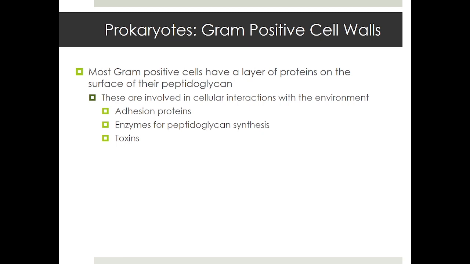As you might expect for any cell, they're going to have different proteins and other things present in their cell walls, since they're the most external, that allow them to interact with their environment, whether it's for adhesion to a surface or to other cells, whether it's enzymes that are helping to build or to repair the cell wall if it becomes damaged, or even in some cases, different kinds of toxins, right?